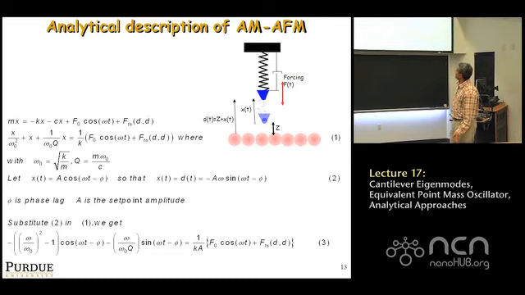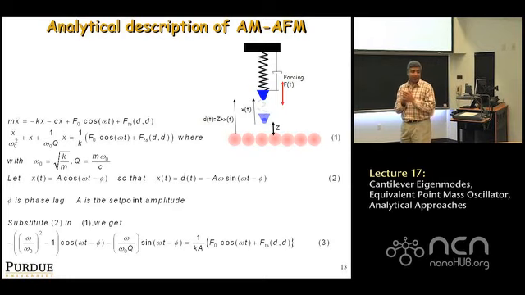And the tip sample interaction force is FTS, and that depends on the tip sample gap, correct? And it depends possibly on tip sample velocity, because maybe the interaction is viscoelastic. If the interaction is viscoelastic, then the tip sample force will depend on the rate of indentation, right? Remember, when D becomes negative, we have indentation.